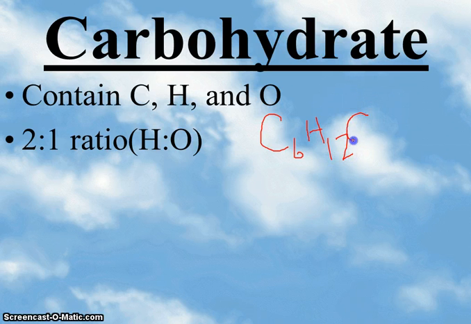That is a monosaccharide. Now, if you remember from our basic terms, when you join two things together, you do need to remove water. So if we join 2 of these, we would have to take out an H2O. So there's only a 2-to-1 ratio between the hydrogen and the oxygen.